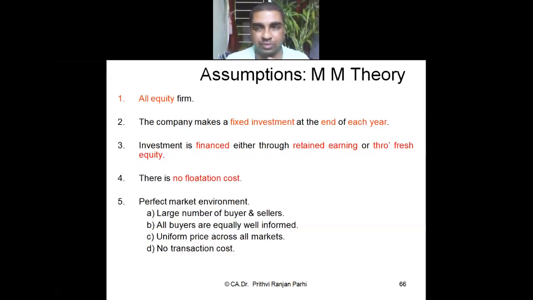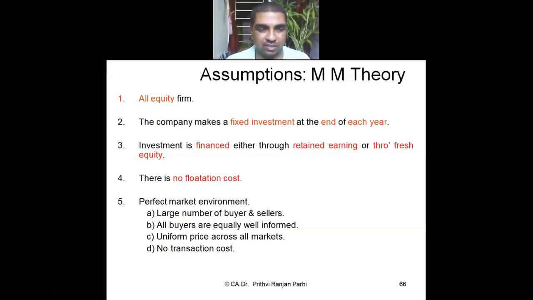When you have studied economics, you have understood the meaning of a perfect market. Modigliani and Miller's theory also assumes that the market is perfect. When I say the market is perfect, that means there is a large number of buyers and sellers. So many people are there to sell the product, and so many people are there to buy the product. All buyers are equally well informed. There is good information flow.